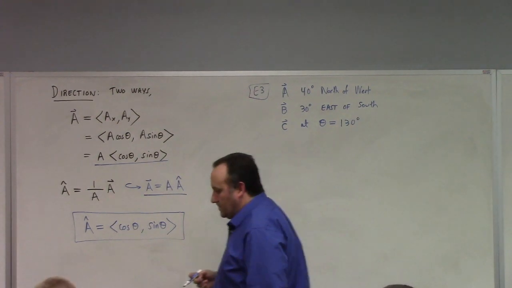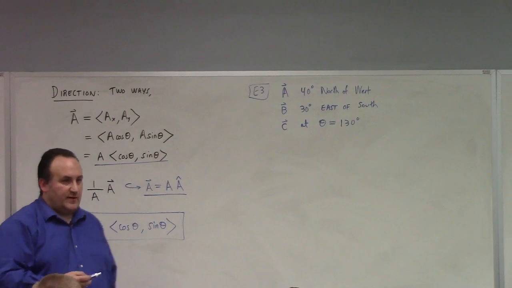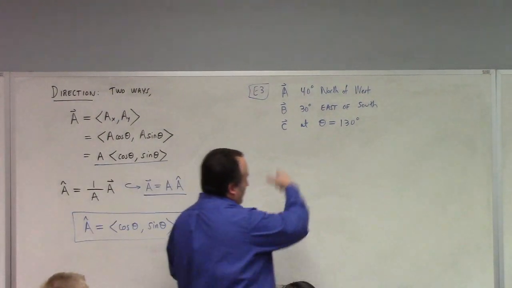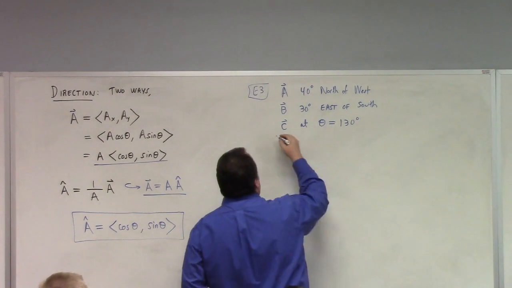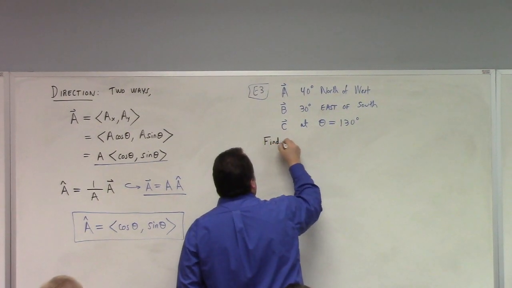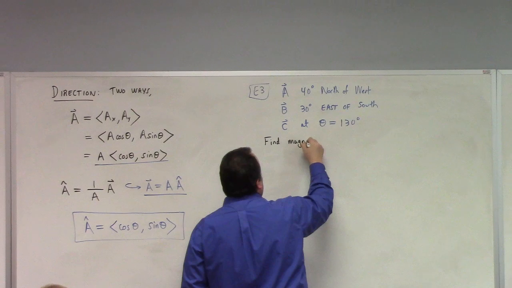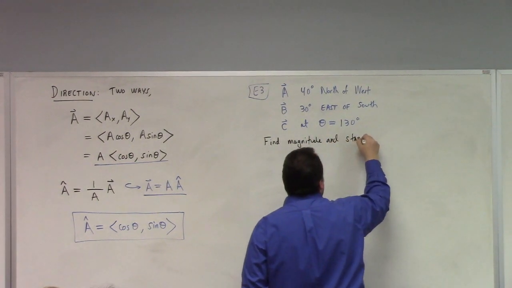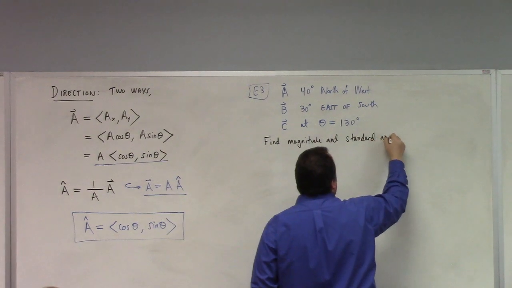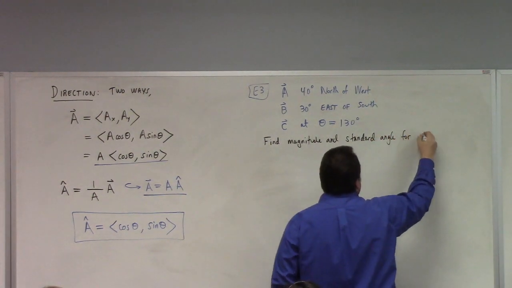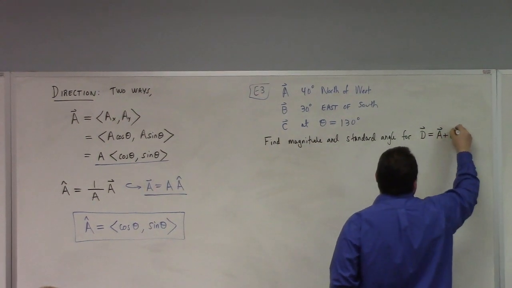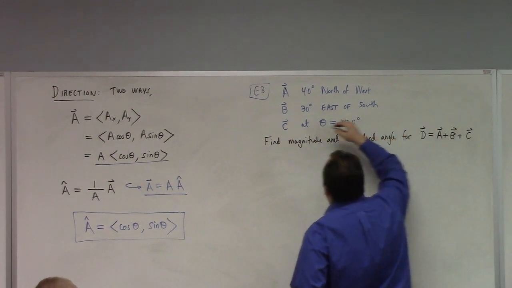All right? So let me draw a picture of what's going on here. So we're given these three vectors, and the question is to find the magnitude and standard angle for D, which is formed by A plus B plus C. All right, that's the question.